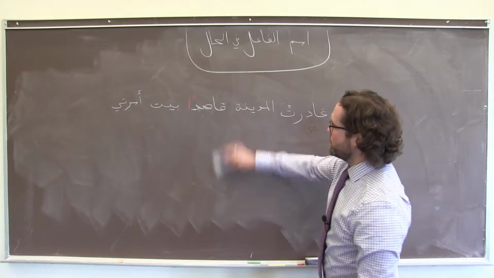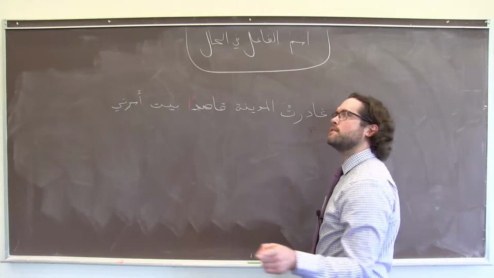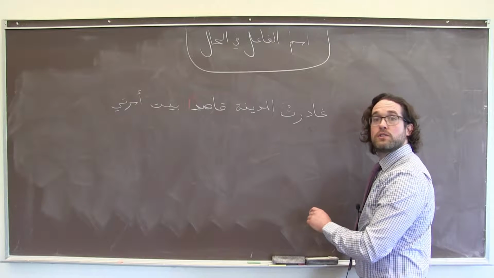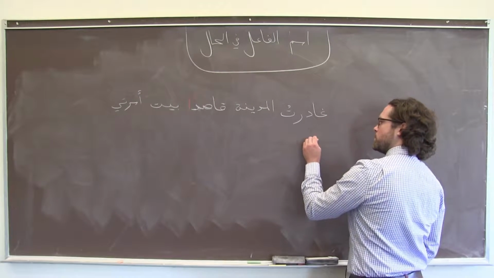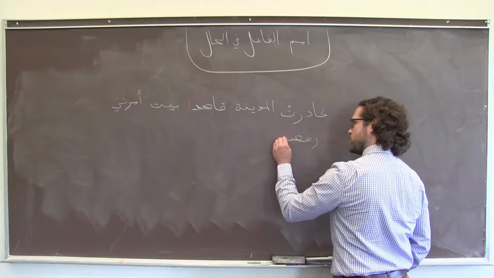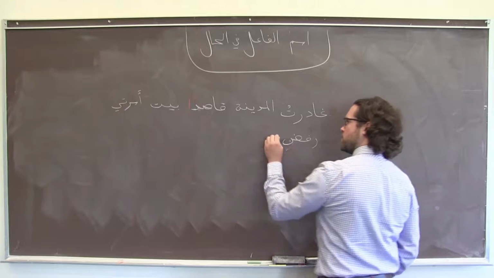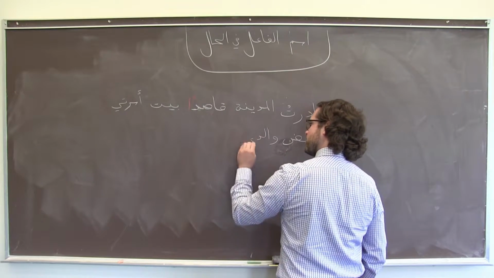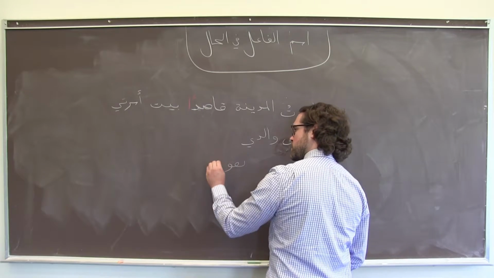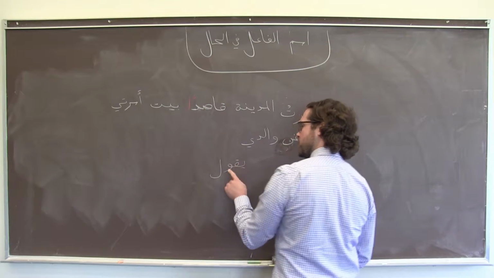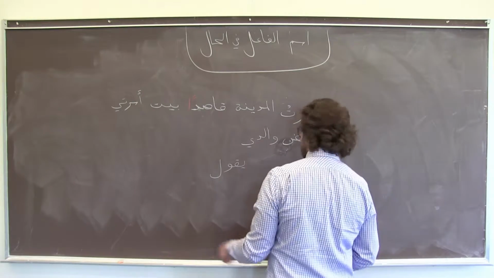My father refused, saying that he doesn't want me to study literature. So, رفض والدي. Now we know the verb for say, يقول. And this is a bit irregular. The waw would actually turn into a hamza.